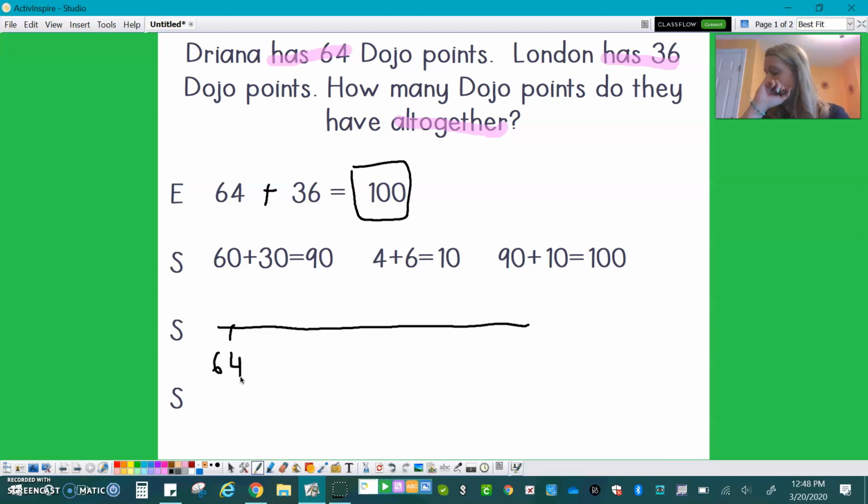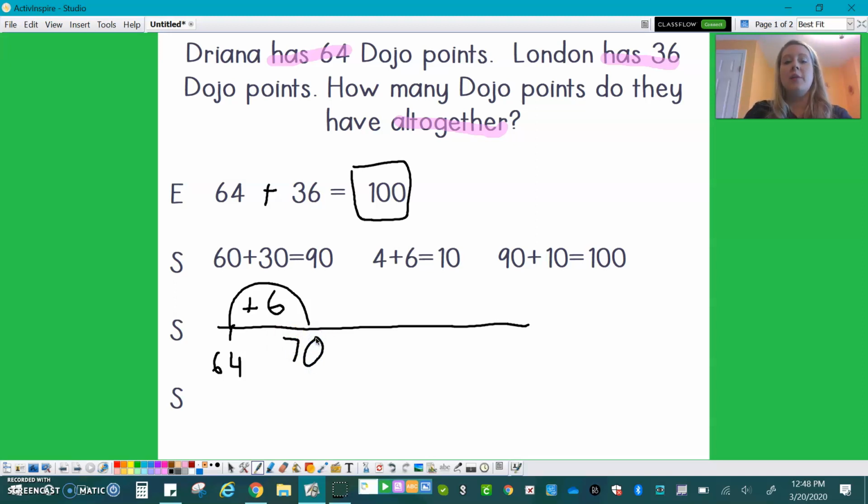Now I need to break down the 36 into smaller pieces. Well, looking at the number 36 and looking at the number 64, I see a make tens fact in the ones place, 4 and 6. I personally like to get to a friendly number. So I'm going to hop 6 places from 64, and that's going to take me to my next friendly number of 70.